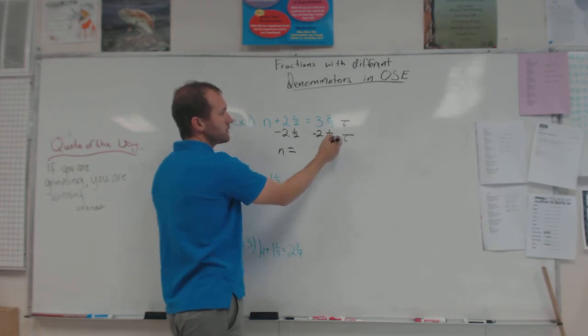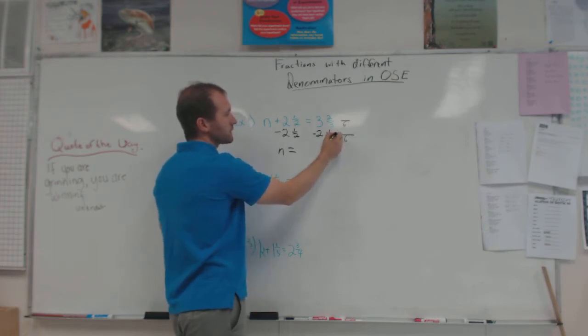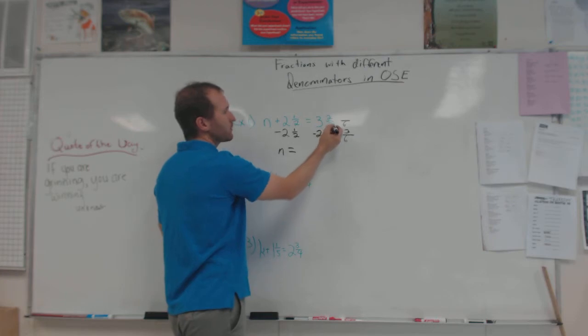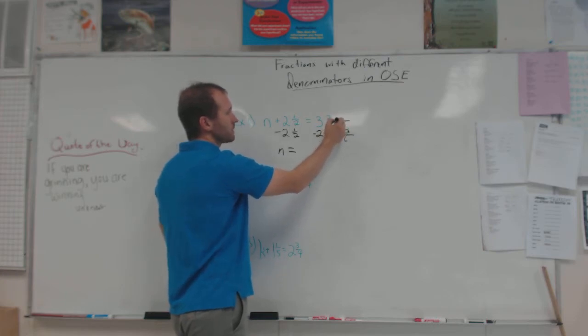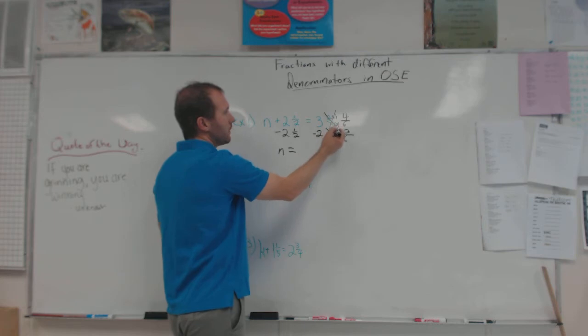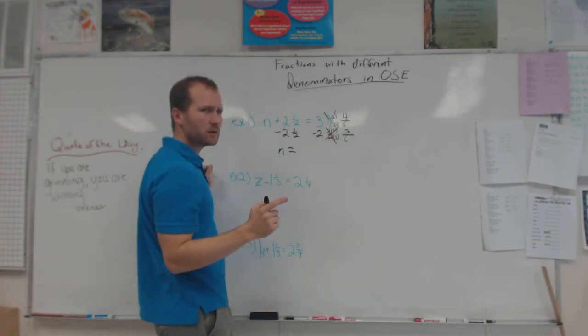Okay. 2 times what equals 6? 3. So I'm going to multiply the top. So 1 times 3 is 3. Okay, 3 times what equals 6? 2. So multiply the top. 2 times 2 is 4. Oh, I could reduce this. Do I want to though?